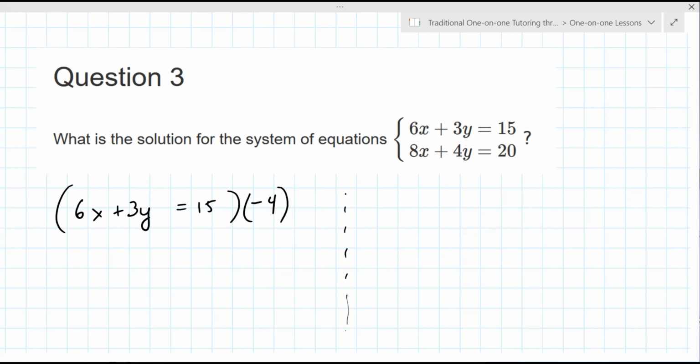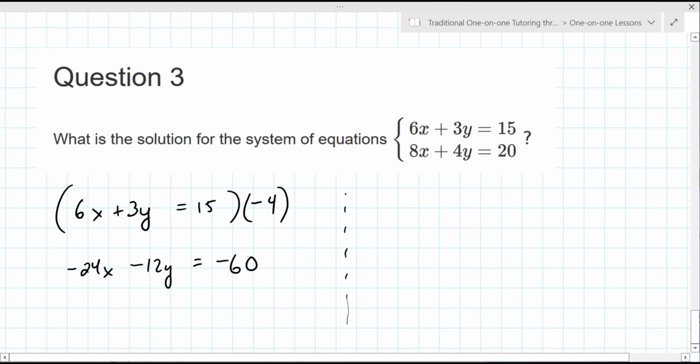No, I think I got it. Okay. Does your answer or line look like this? Let me change this to -12y -60. Does it look like that? Yes. Okay, great.